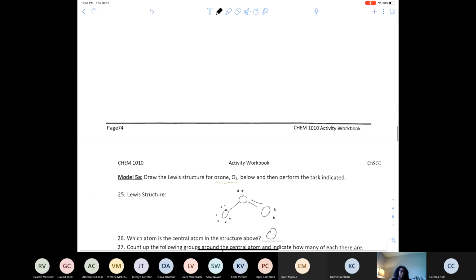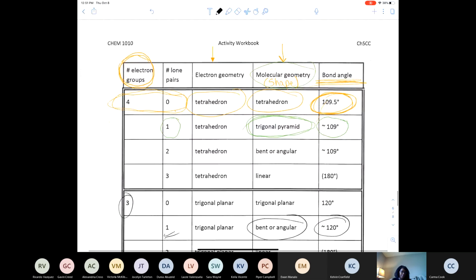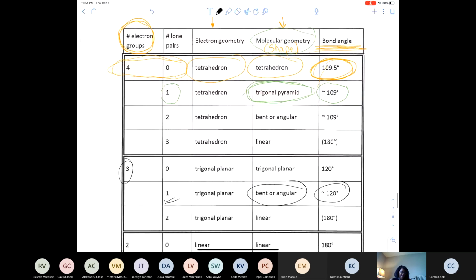So now let's go back to our data table. We said that ozone fits this description here, in that row of the table.